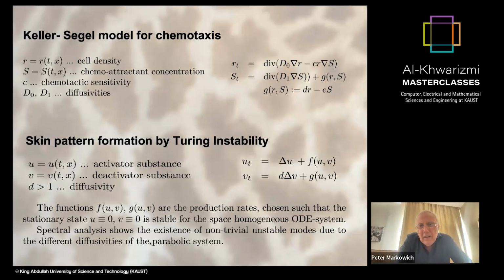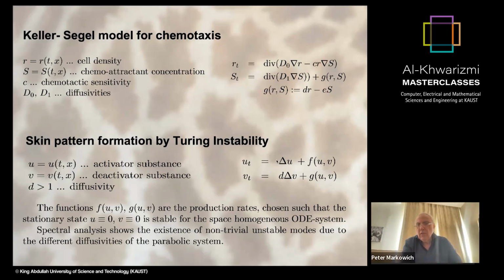So what is Turing instability? Well, think of a system of two reaction diffusion equations, where you have to think of U as an activator substance and V as a deactivator substance. The important thing here is that the diffusivities in these two equations are very different.